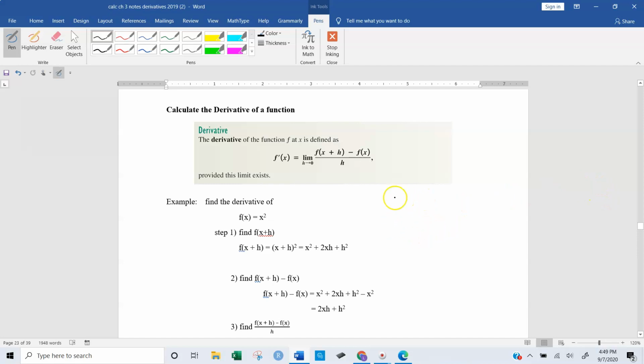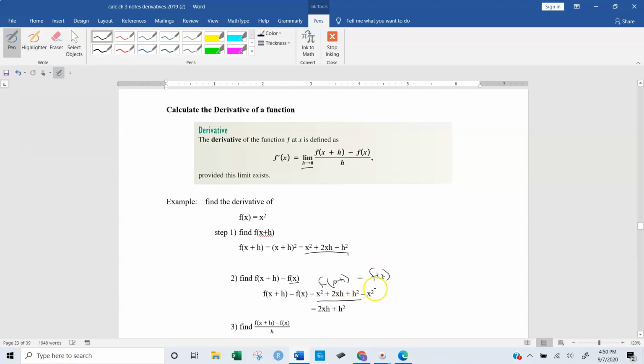Let's get moving. Okay, let's find the derivative of f of x equals x squared. Remember this is the same as the other one, except now h approaches 0. So we do f of x plus h, plug that in first, and we get x squared plus 2xh plus h squared. We subtract our original, f of x plus h minus f of x.